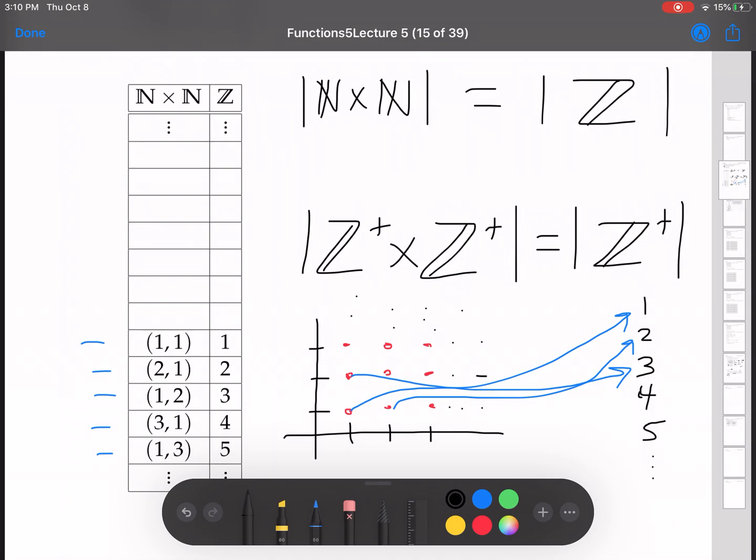So Z plus crossed with Z plus, that's all the positive integers, all the dots in the first quadrant that have positive integers, right? The ones I've shown here. But N cross N has a little bit more. It's all of these with Z plus crossed with Z plus, but there's also these ones along here.